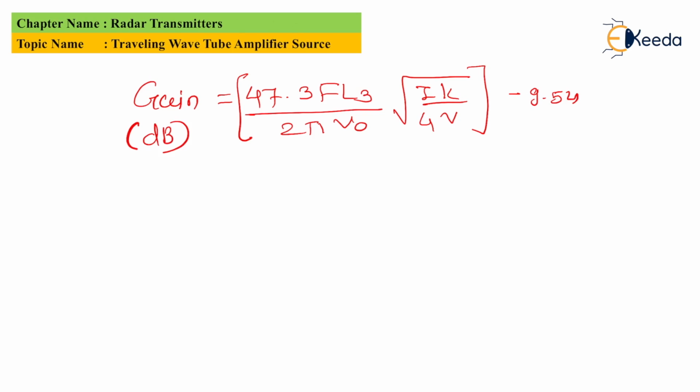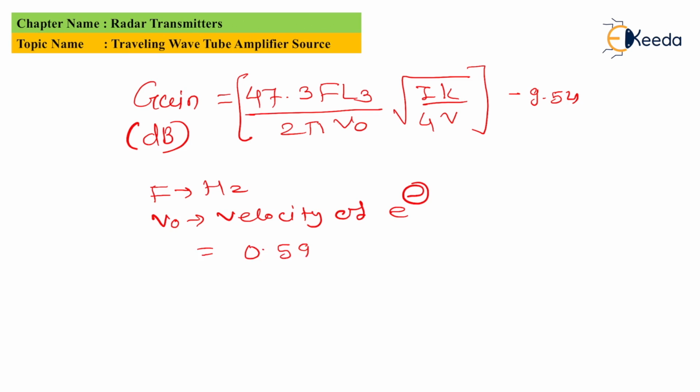Gain in dB is equal to 47.3 F L^3 divided by 2 pi V0, into square root of I K upon 4V, minus 9.54, where F is the RF frequency in Hertz, V0 is the velocity, specifically the electron velocity, and its value is given as 0.593 into 10^6 volt^(1/2).